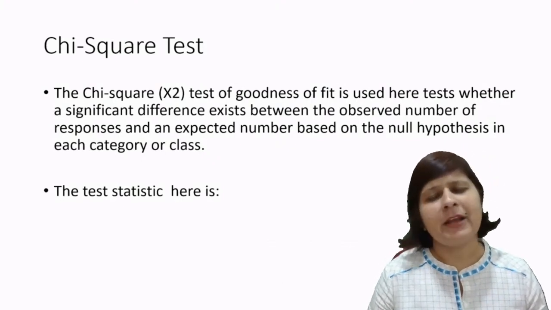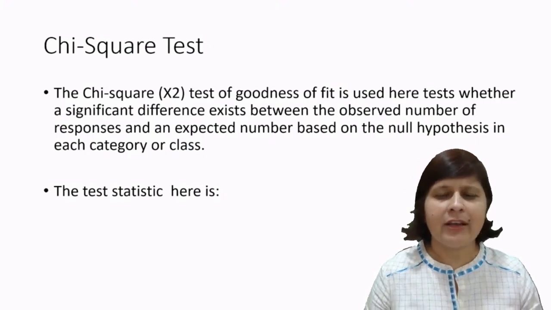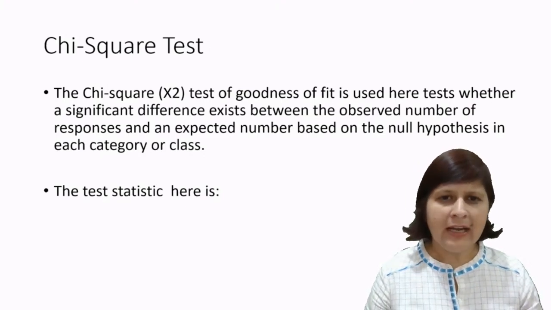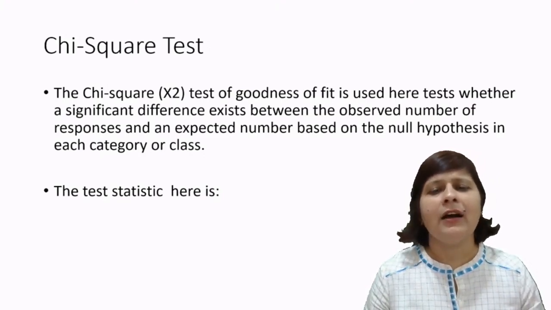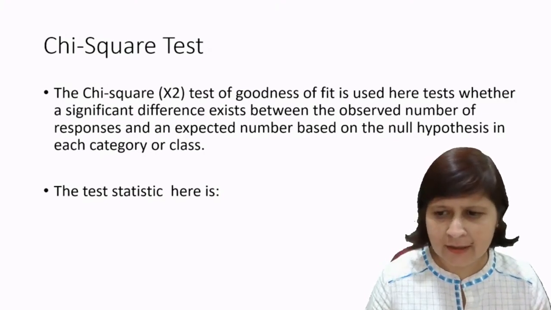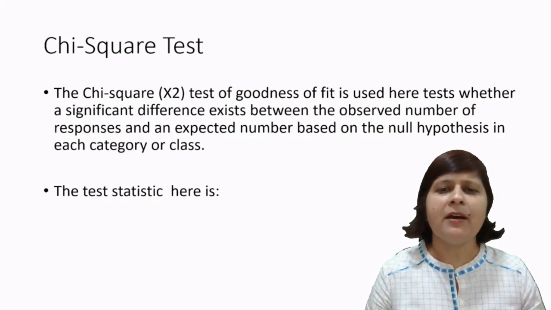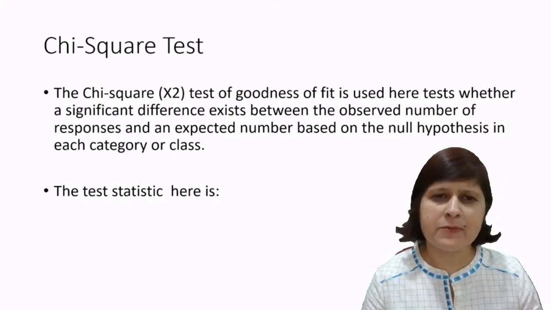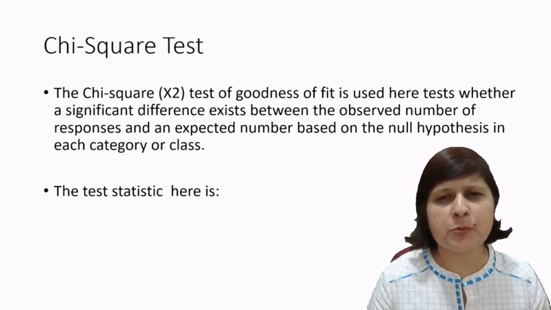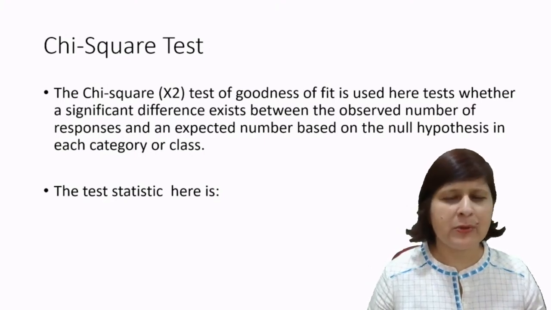One of the non-parametric tests we discussed today is the chi-square test, and the KS test, right? We discussed the chi-square test in detail. The chi-square test is known as the goodness of fit test, right? In this we compare the expected value with the observed value, and then we find out whether there is a significant difference between the groups or classes, or no significant difference.